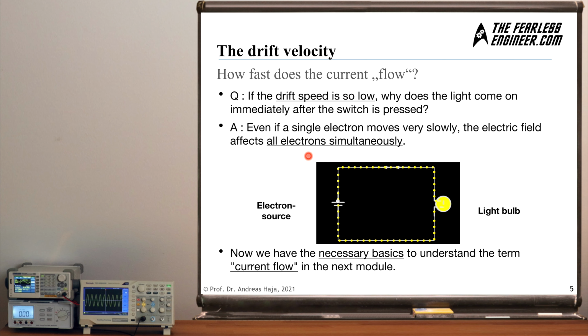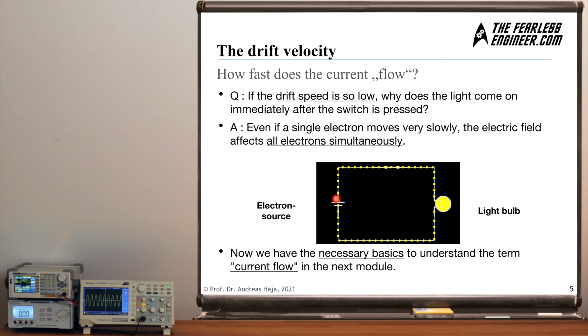And the answer is, even if a single electron moves along very slowly at about half a centimeter per second, the electric field, which propagates through the cable, which permeates the cable, affects all the electrons simultaneously. So once you press the switch and close the circuit, the field propagates the copper cable, and the electron which is directly in front of the light bulb also starts to move along at the same time at which the electron directly behind the switch which you just pressed started to move.